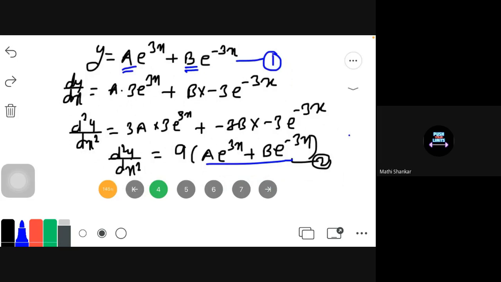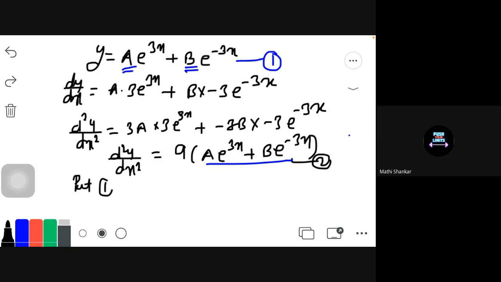Therefore, instead of this, I'll put equation number 1 in equation number 2. Therefore, I'll get d2y by dx square is equal to 9. Instead of a e raised to 3x plus b e raised to minus 3x, I can write it as y.